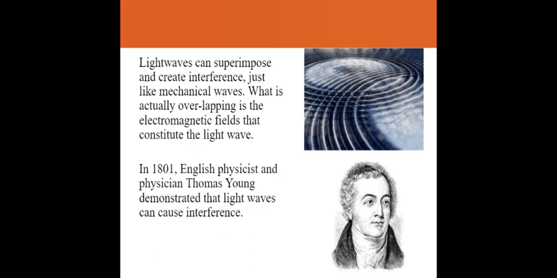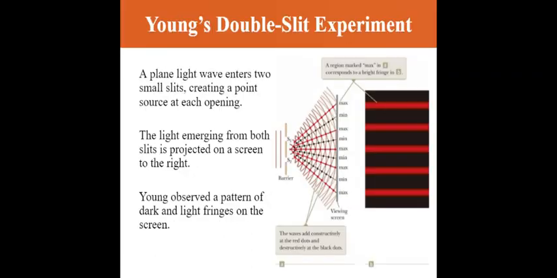So light is not actually quite the same thing physically as a mechanical wave, but due to its nature of being an oscillating electromagnetic field, the resulting electromagnetic field that happens from overlapping light beams creates an effect that is interference, just like mechanical waves do.